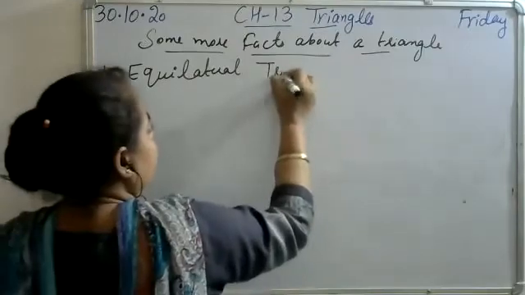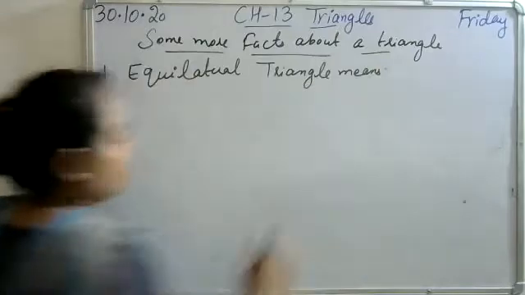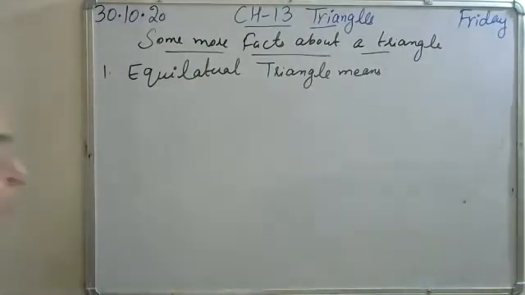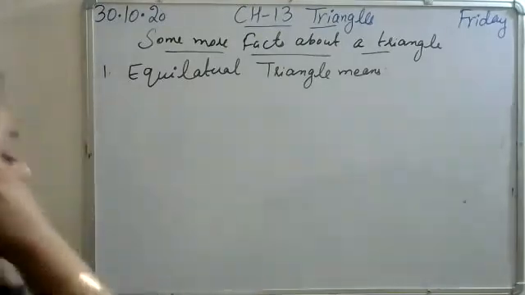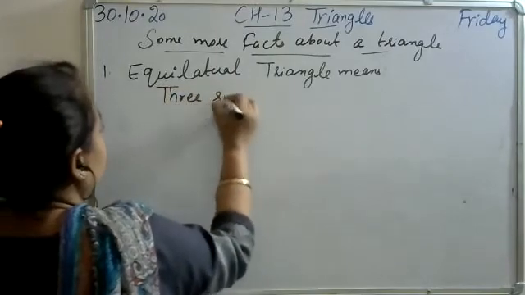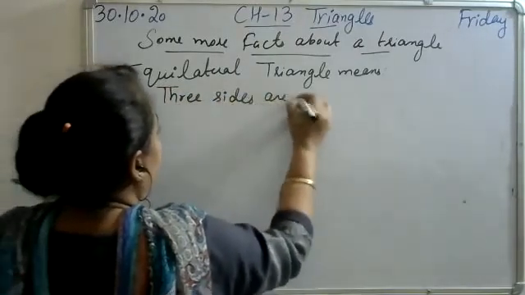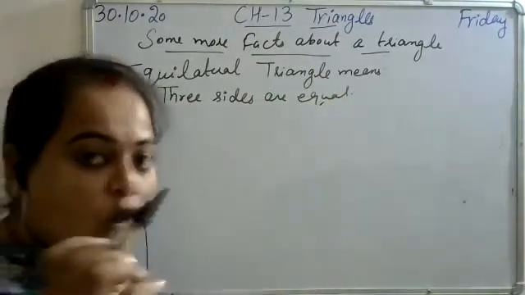Equilateral triangle means three sides are equal. Three sides are equal. It means three angles are also equal.